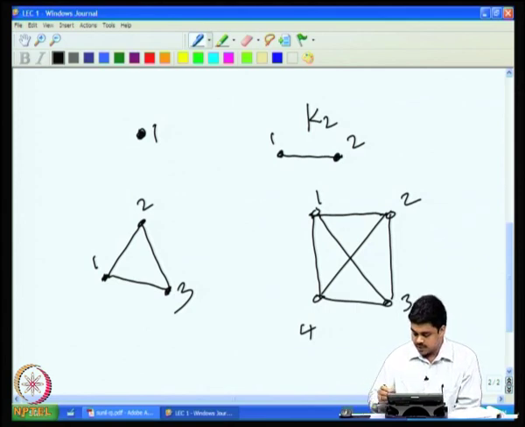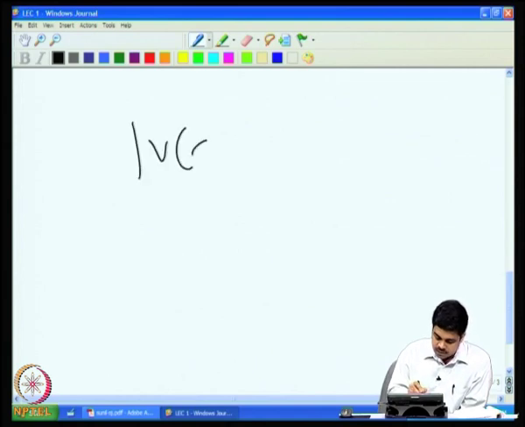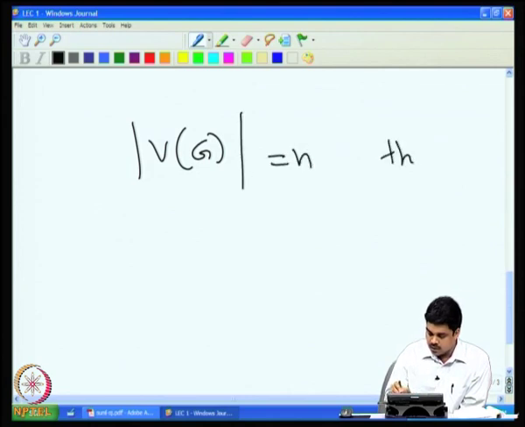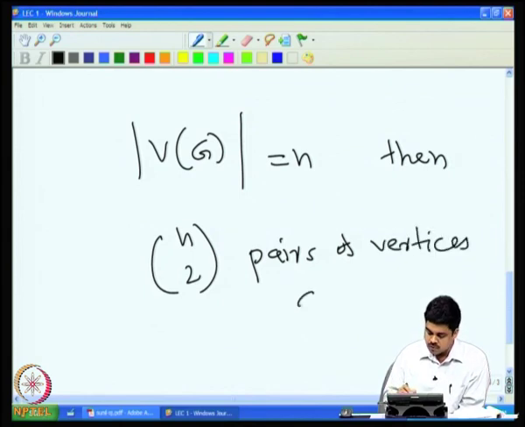If the vertex set of G, V of G, has size n, then n choose 2 pairs of vertices are possible.